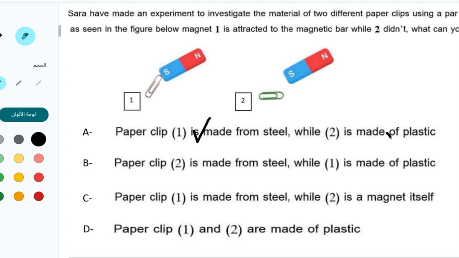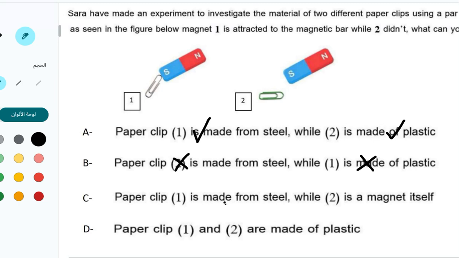That is possible. Paperclip 2 is made of steel. That's not possible, because then it would be attracted to the magnet, while 1 is made of plastic. That's false, because it would not be attracted to the magnet. Here, paperclip 1 is made of steel.